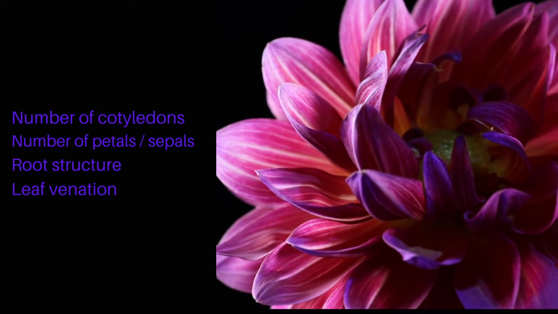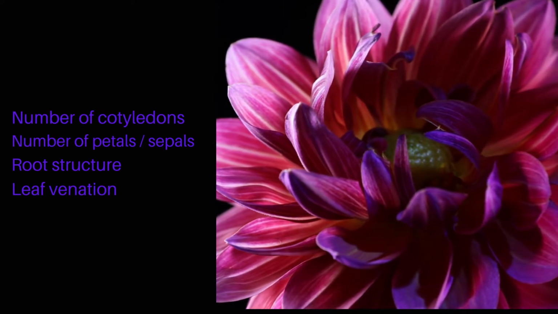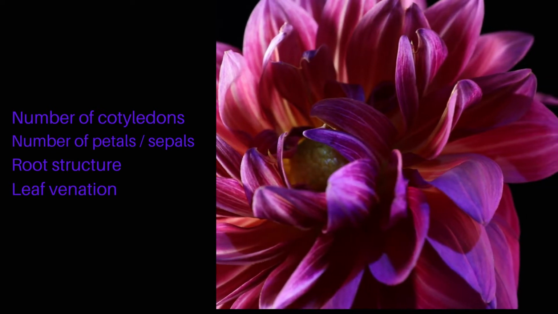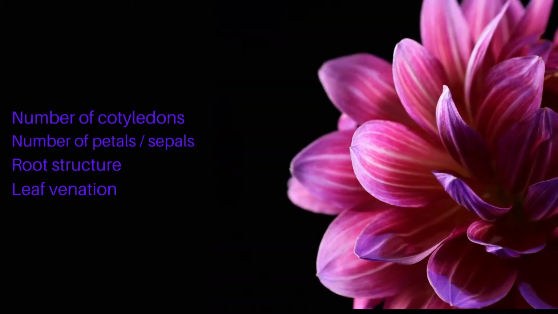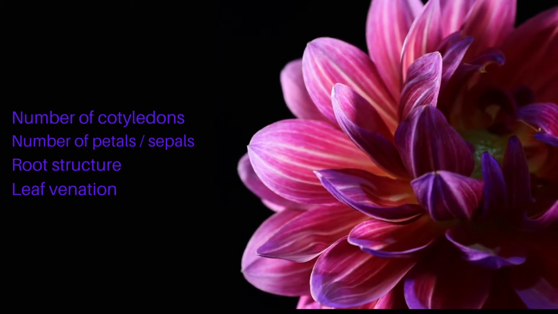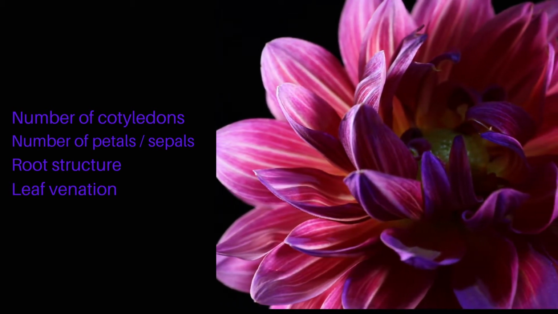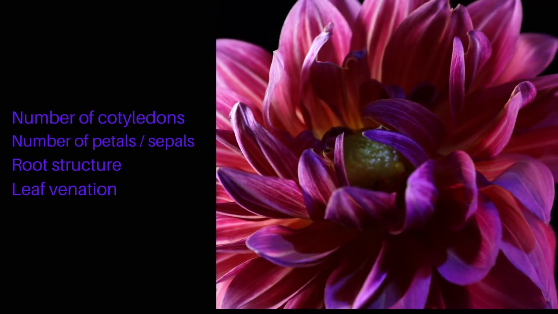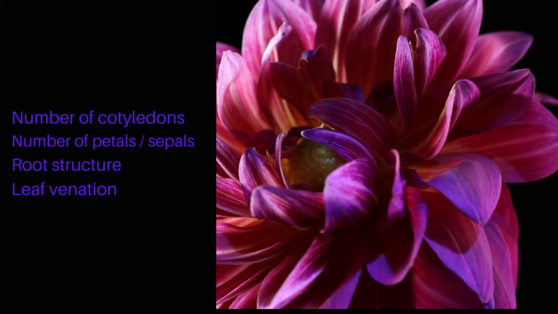These are monocots and then the dicots. So the factors taken into consideration here in classifying the plants are the following: number of cotyledons, the number of petals and sepals, the root structure, the leaf venation, which will of course all be discussed in this ebook with the audio recordings as well.